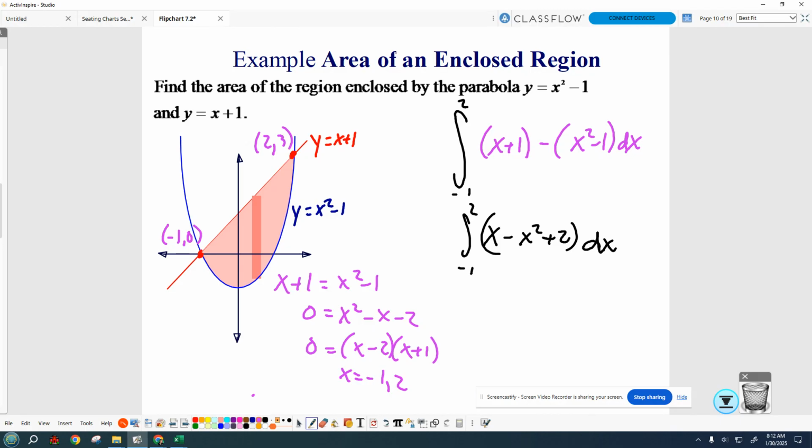So I see an answer of negative 5/3. Does anyone else have an answer yet? 9/2. First of all, we can't get negative area because we're doing top minus bottom, so maybe it's positive 5/3. Any other answers?